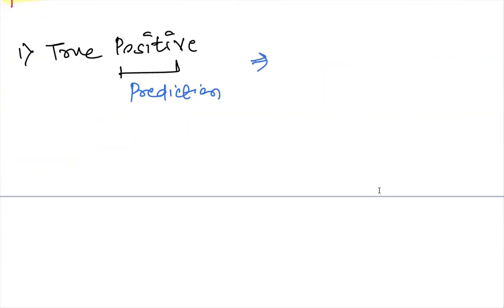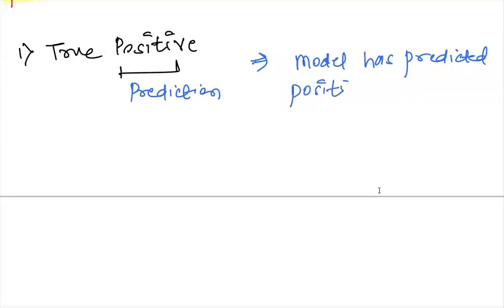True positive means that the model has predicted positive, which means default. And true means it is correct.